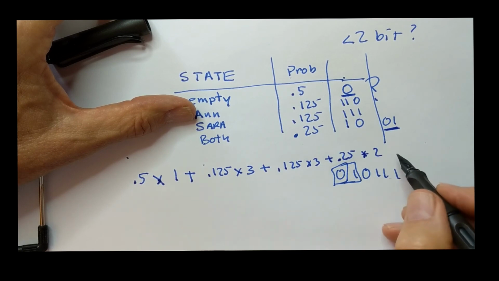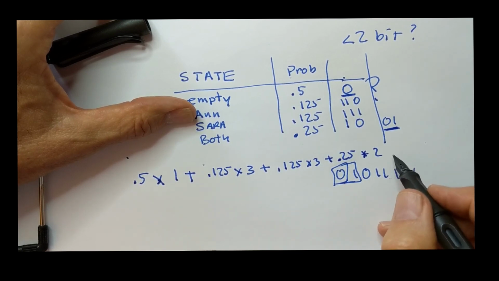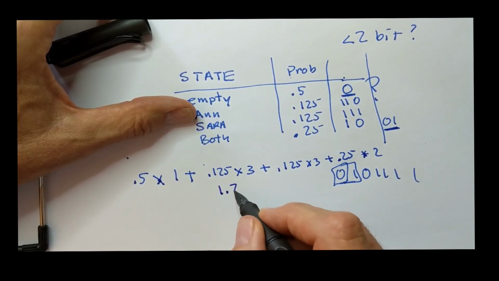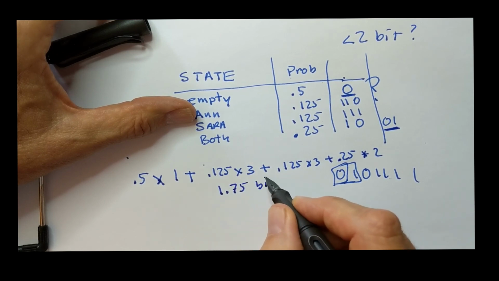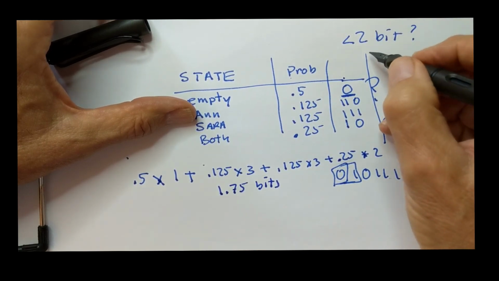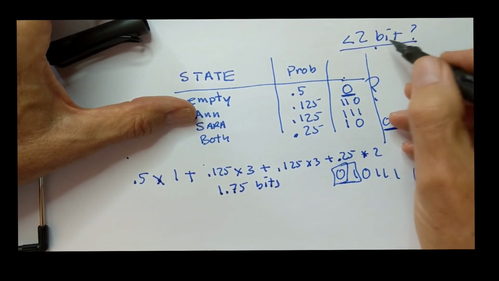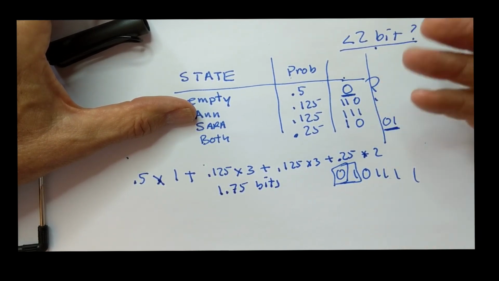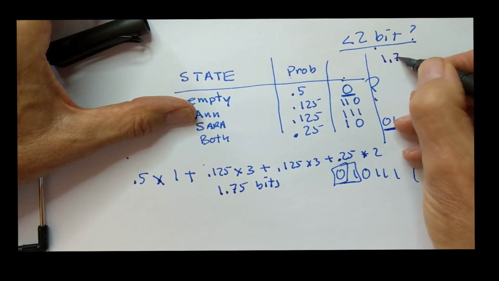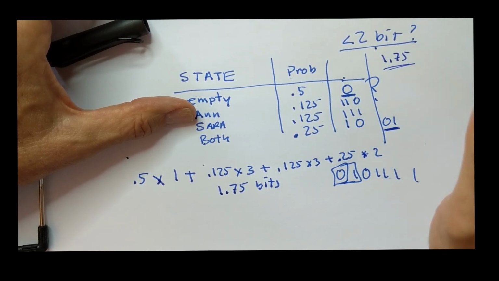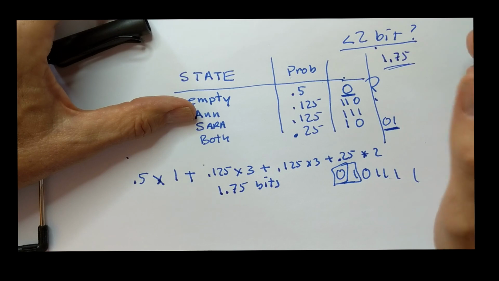Now, if we did that multiplication and addition, we would get 1.75 bits on average. So we've reduced it. On average, before, without knowing anything, we had 2 bits of information we needed per transmission, but now we only need 1.75. So we've reduced the number of bits we need on average.